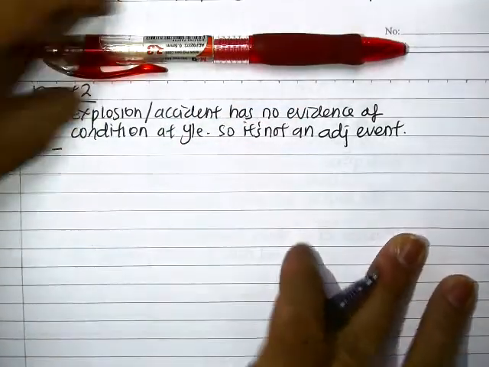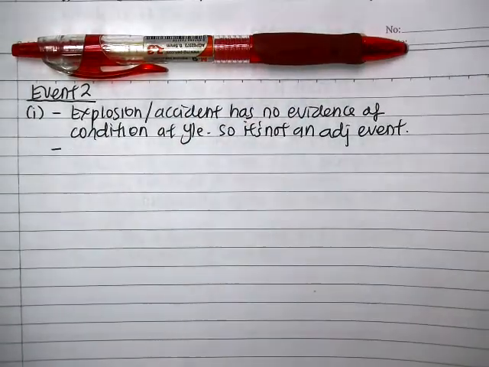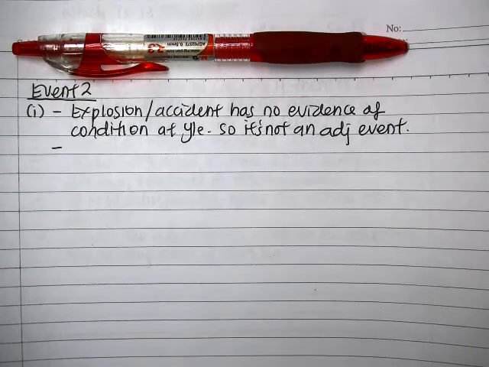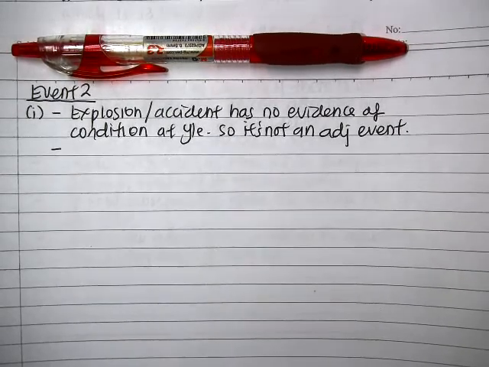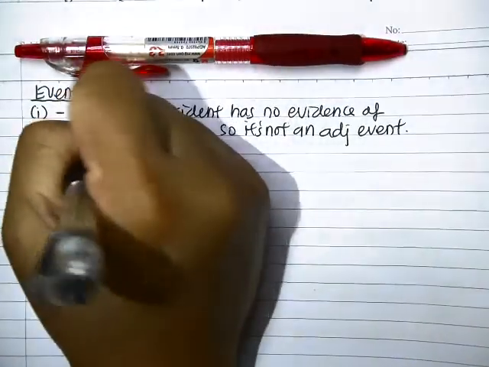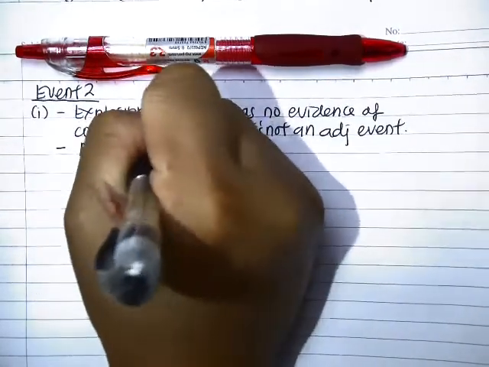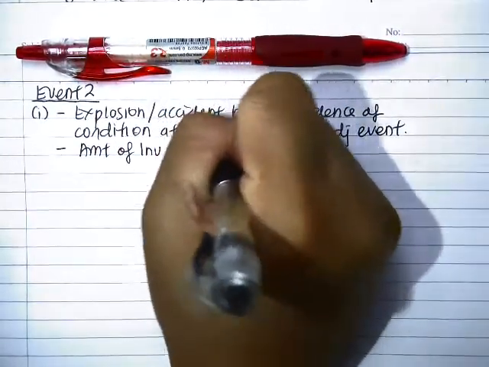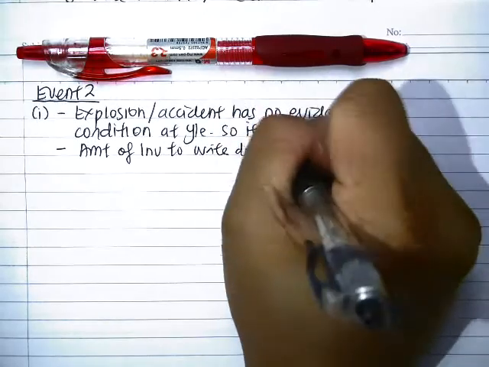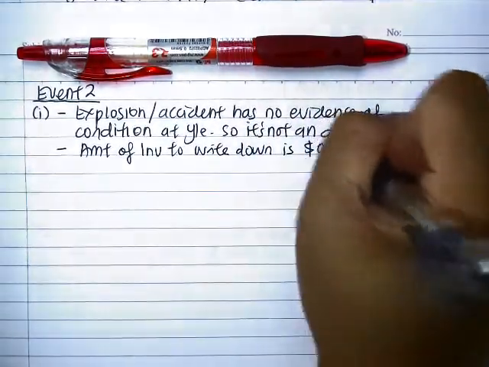Now, if it's not an adjusting event, then the issue is, does it require a disclosure? To know whether it requires disclosure, they must assess how big is the issue. The amount of inventory to write down is 0.9 million.